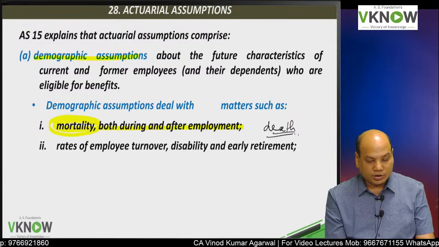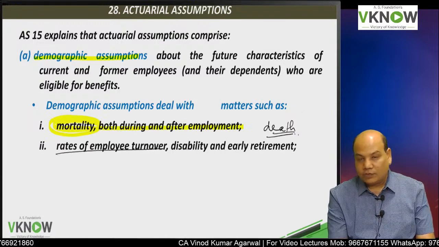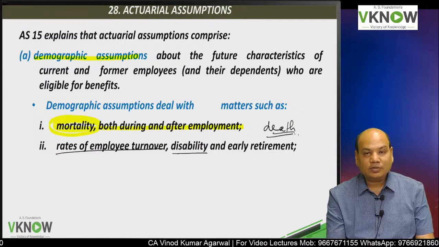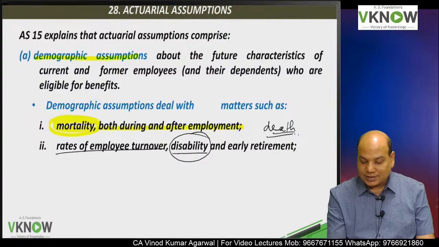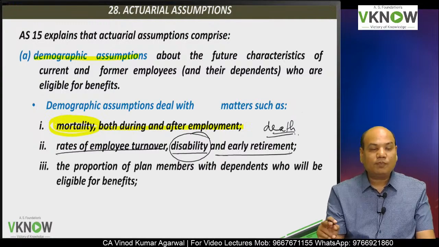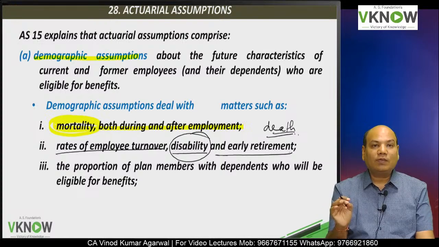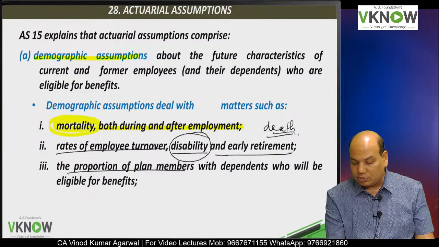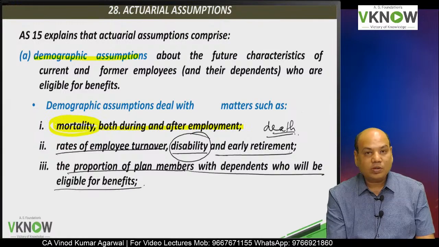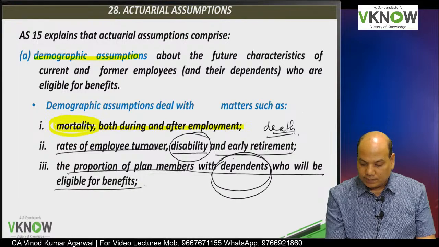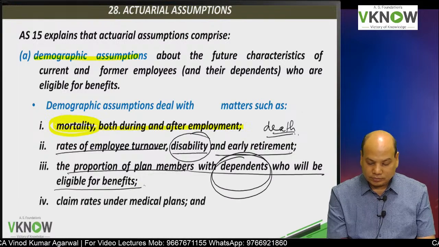Some employees may die, so that you have to estimate. Turnover of employees, how many employees will leave. Disability, somebody may meet with accident. Early retirement, all these assumptions have to be made so that you can have a proper estimate of liability, and the proportion of plan members with dependents will be eligible for benefit. Some companies also give benefits to the dependents.